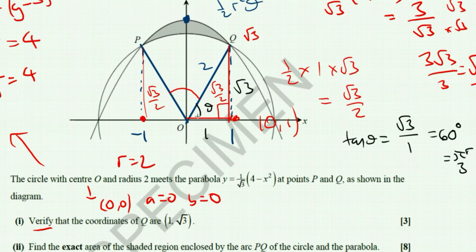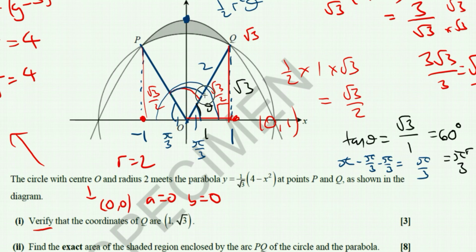So we know that this is going to be pi over 3, and therefore this one here will also be pi over 3 radians. And all of this together is equal to pi, so it's going to be pi minus pi over 3 minus pi over 3, which is going to equal pi over 3.